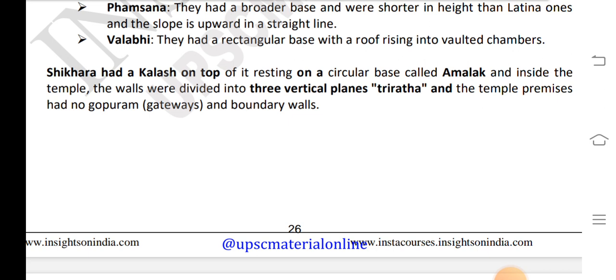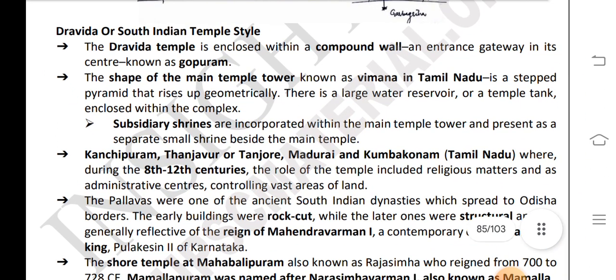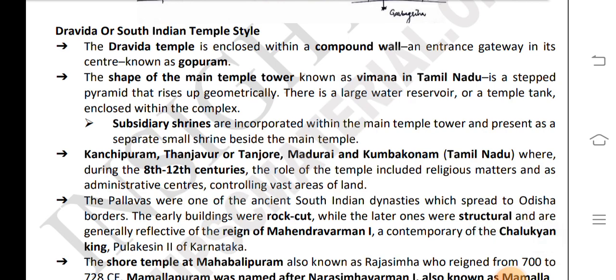Valabhi: they had a rectangular base with the roof rising into vaulted chambers. The shikhara had a kalasha on top of it, resting on a circular base called the amalaka. Inside the temples, the walls were divided into three vertical planes, the triratha, and the temple premises had no gopurams, gateways or boundary walls.